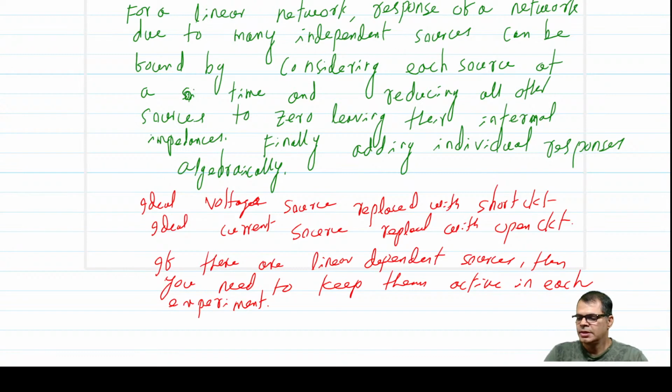Right? So if you have any dependent sources, you need to keep them active. One second. So we'll discuss one example.